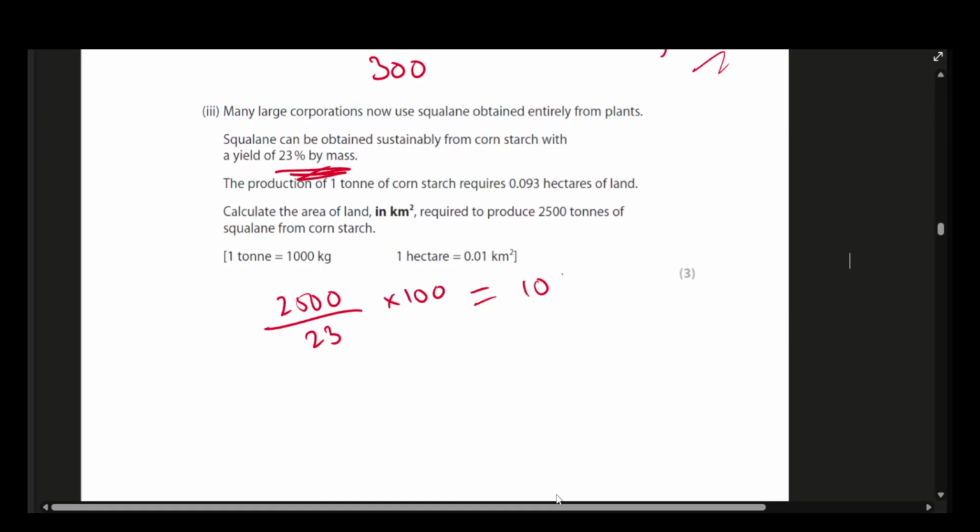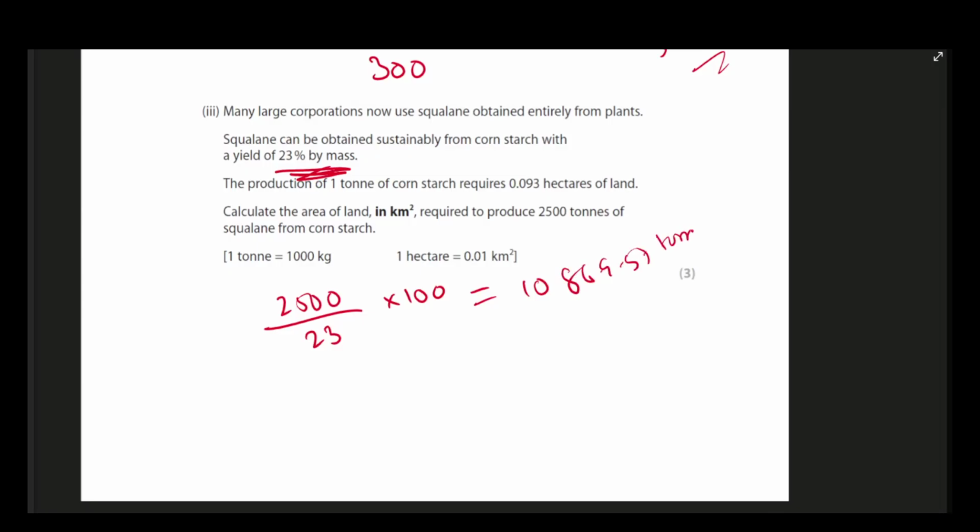So what will be the mass of cornstarch required? You divide 2500 by 23 over 100, and we get 10869.57 tons of cornstarch required.